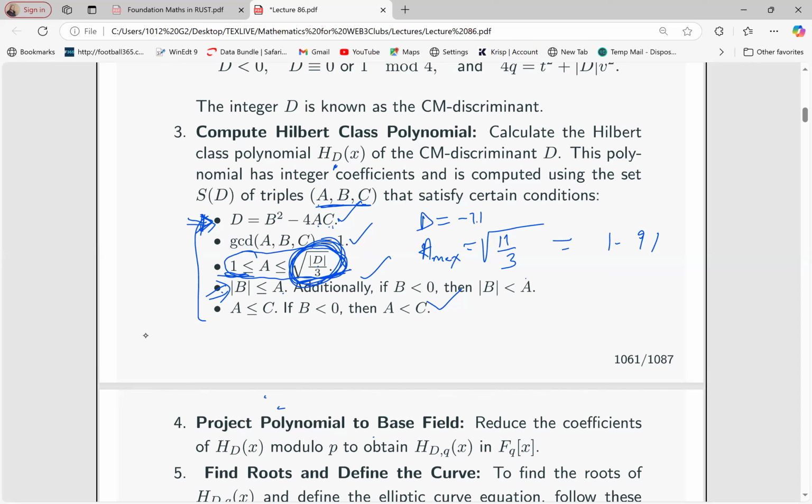You don't need to write all of it. What I'm getting to understand is that A is greater than or equal to 1, and it must be less than or equal to 1.91. This A must be an integer, so it must be a whole number in this range.